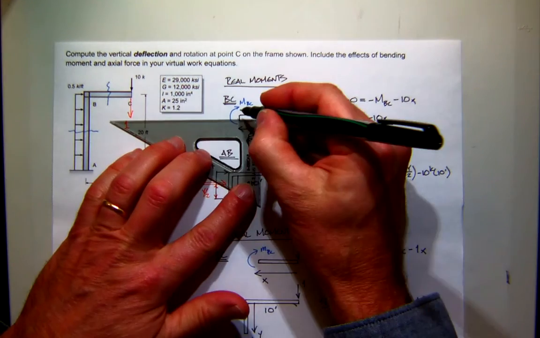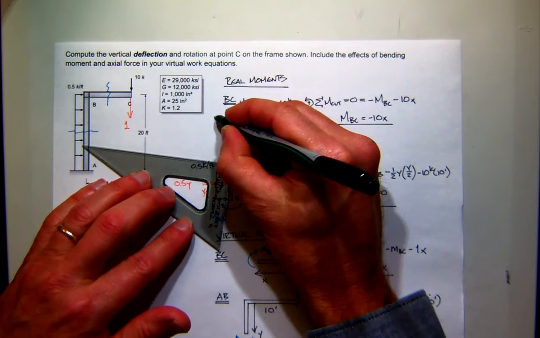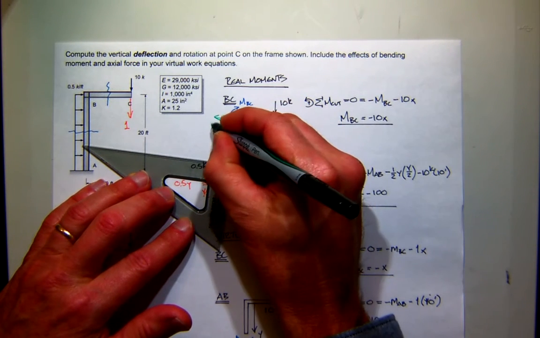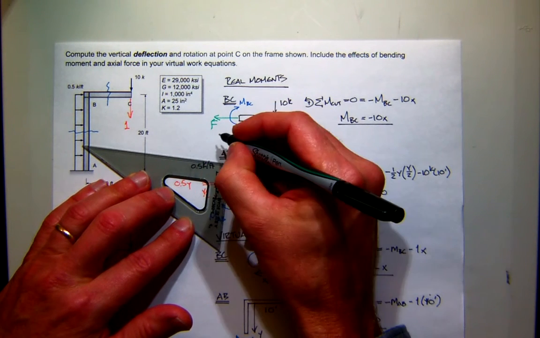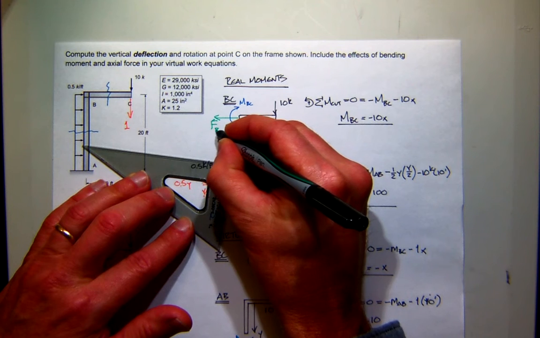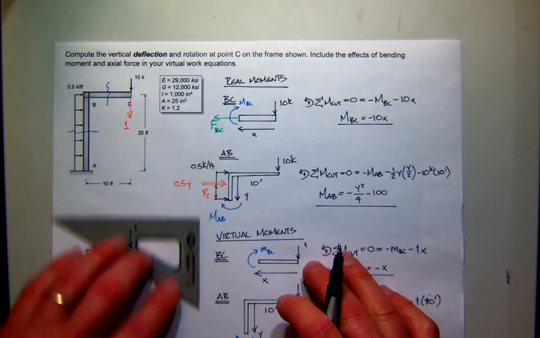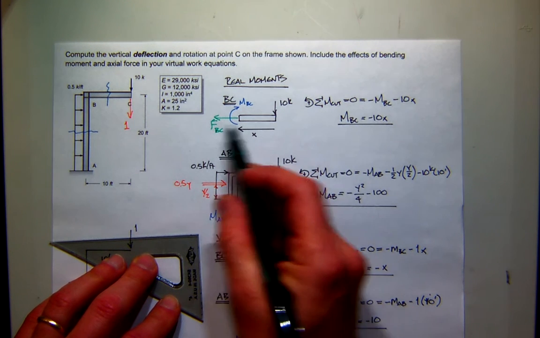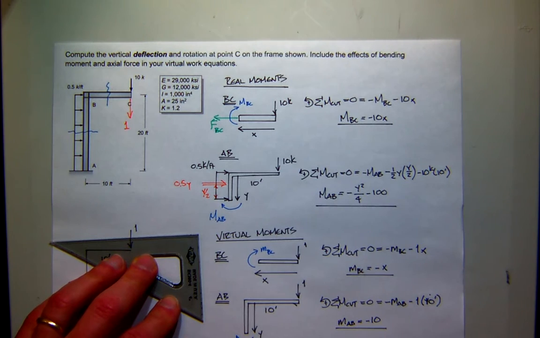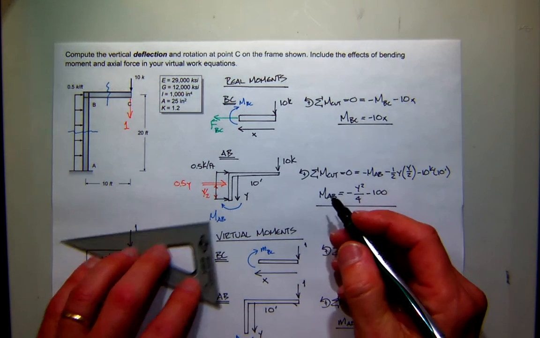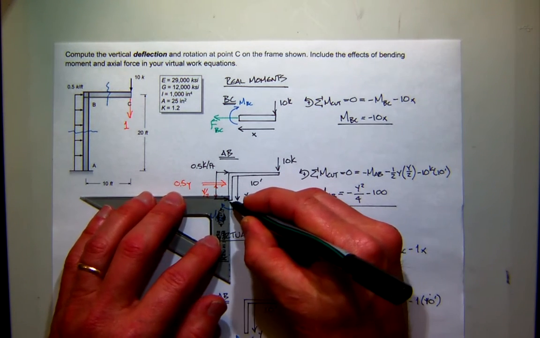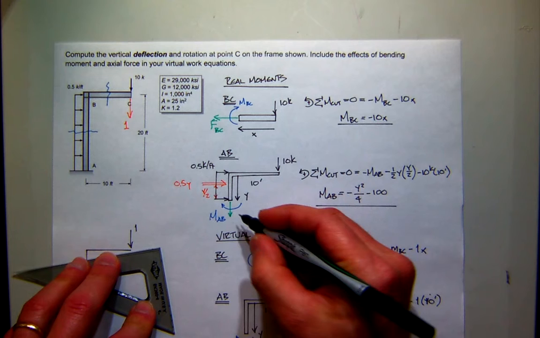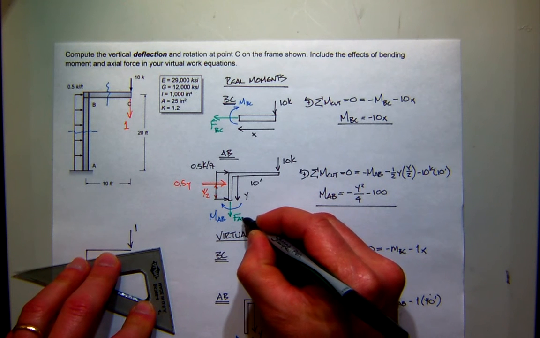So I'll assume that I have a tension force, and I'll call that the force in BC. What is the force in BC? 0. If you sum forces in the x direction, is there any applied x force? No. So I'll come over here and I'll assume in section AB that there's a force in AB.